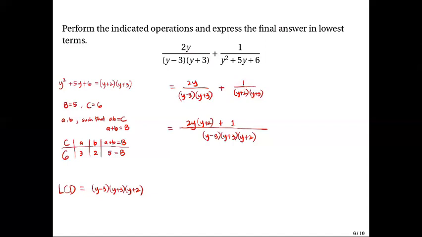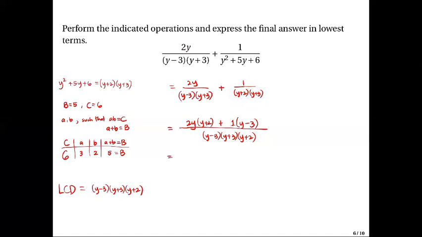So 1. And then the denominator of this expression here, you have y plus 2 and y plus 3. You have y plus 3 here, you have y plus 2 here. You are missing y minus 3. So you multiply 1 by y minus 3. Okay?